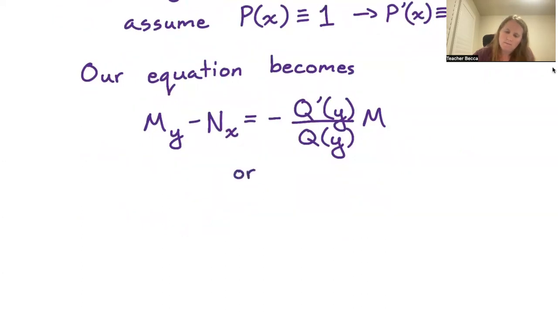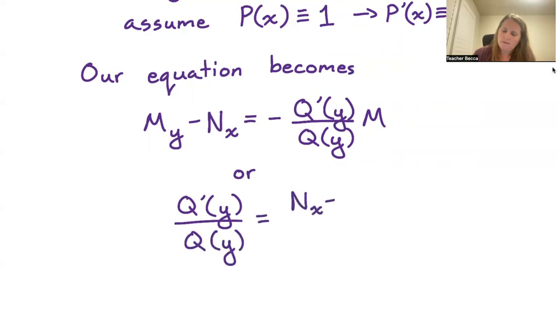Or q prime of y over q of y is equal to nx minus my over m.